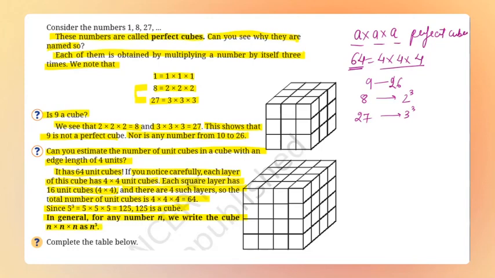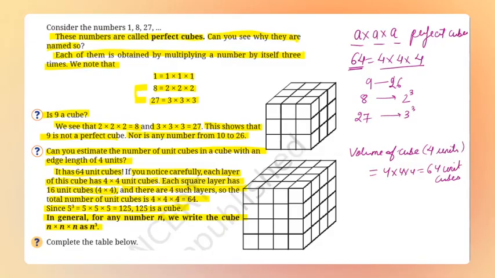Now, if you have to estimate the number of unit cubes in a cube with an edge length of 4 units, what do we have to find? We have to first find the volume of the cube having 4 units as its side length. So the volume of the cube with 4 units as its side length would be 4 times 4 times 4. So can we say 64 cube units, right?